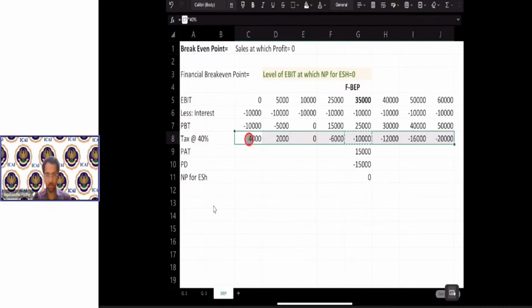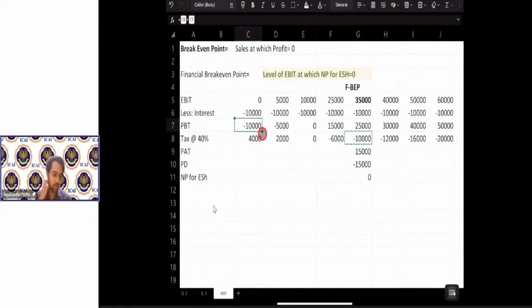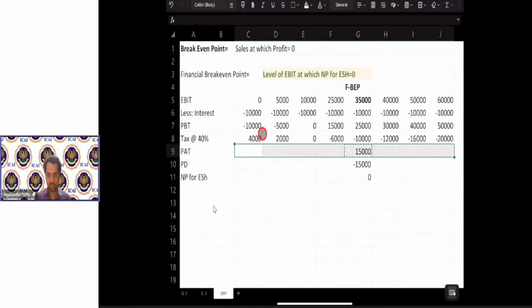So when we have a PBT of a negative figure, what we will observe is tax savings. And after giving effect of the tax, we can have the profit after tax figures like this. I can work with so many numbers because I'm working on Excel, and this will be easier for interpretation and analysis purposes. Okay, so we have the PAT figures as this.